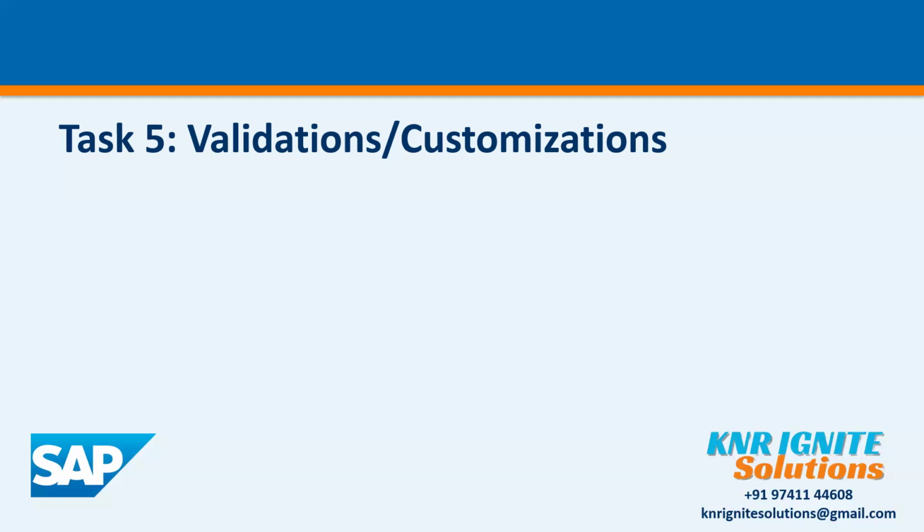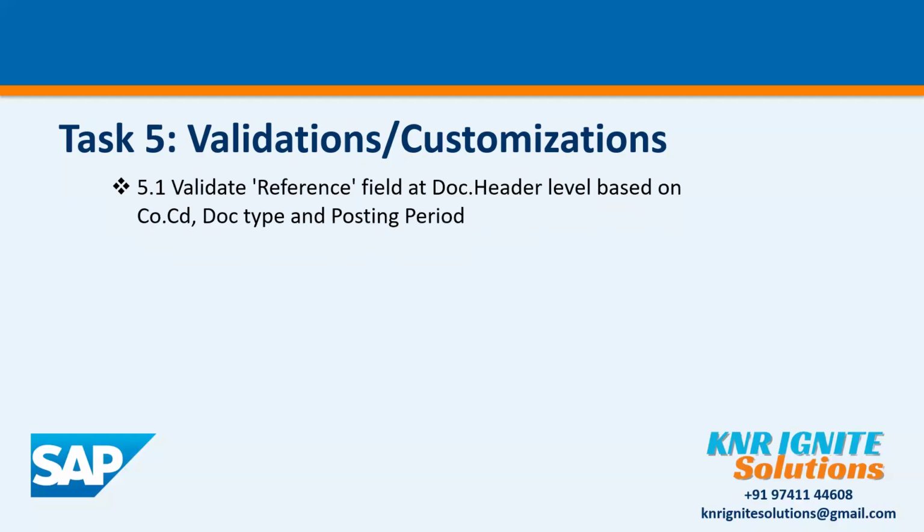With that intent, I just wanted to check your current level of understanding, how far you know about any one of the customizations in any project requirement. Think about it. I wanted to make one field, whenever you go to either F-02 or FB50 or one of the screens, you will find a reference field at the header level of the document.